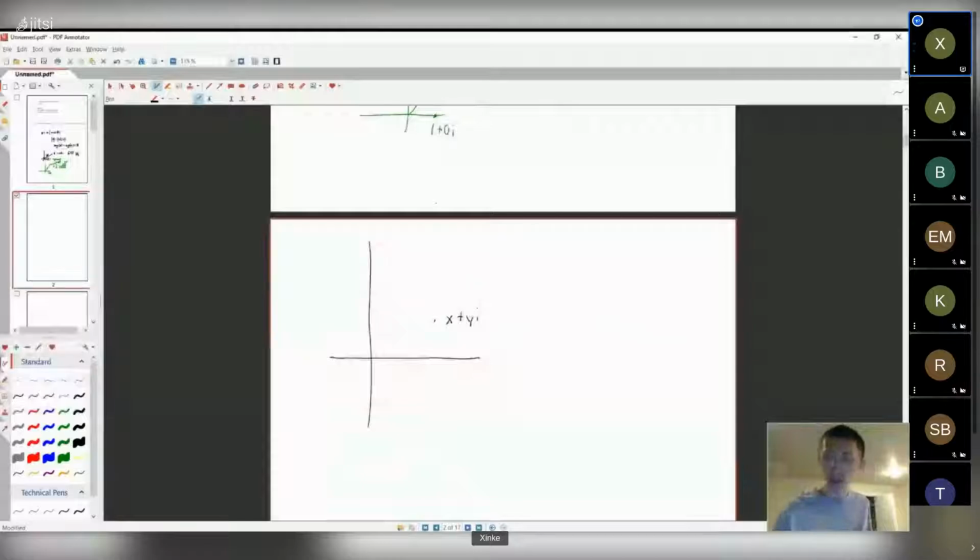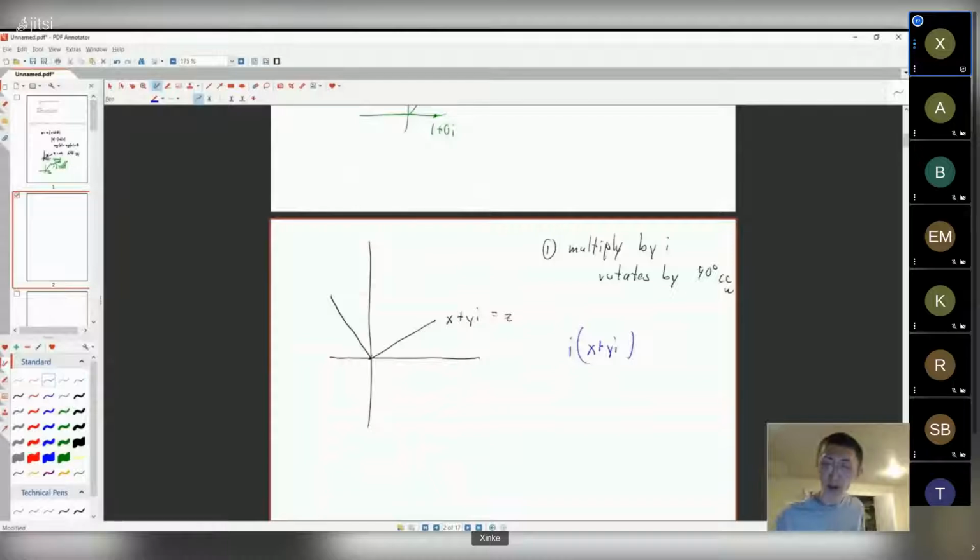If you have a complex number x plus yi, we're going to do two things. One is, if you multiply by i, that rotates by 90 degrees counterclockwise. So, if this is your original number Z, you'll end up right here. Let's see why this is true. You have x plus yi. I multiply by i on either side: that's xi plus yi squared, which is minus y.